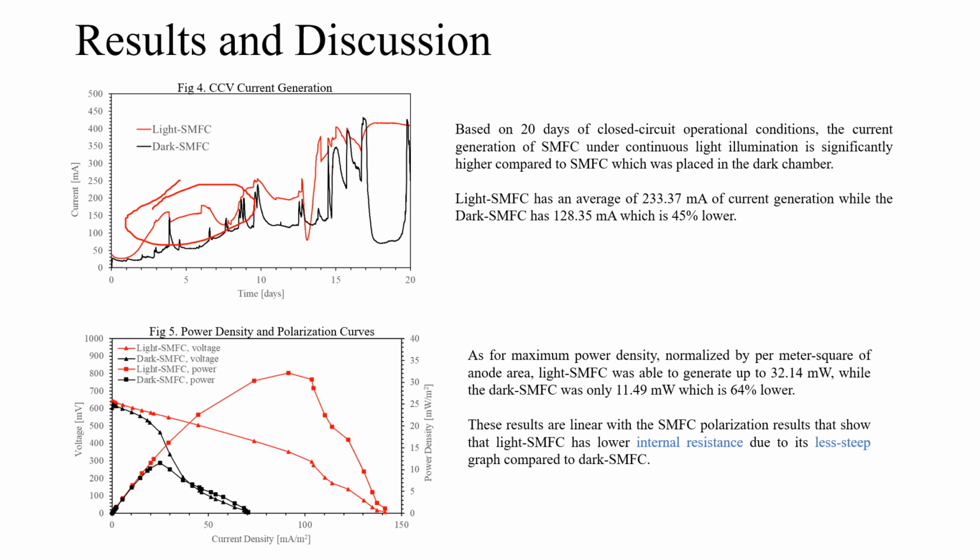These results are consistent with the SMFC polarization results. This one is the SMFC polarization result that shows the light SMFC has lower internal resistance due to its less steep graph compared to the dark SMFC.